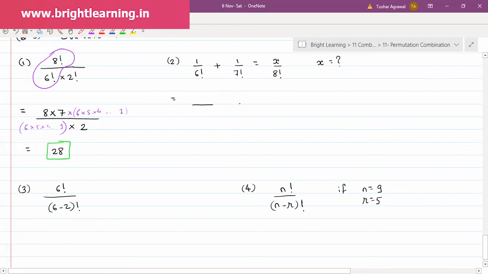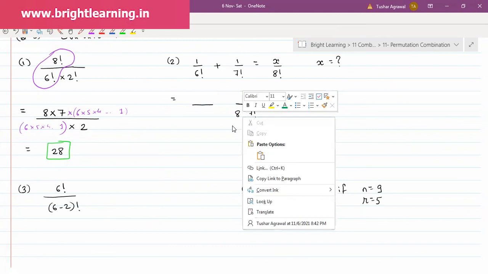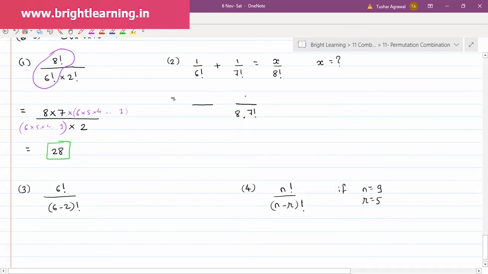My target is to convert all the denominators into 8 factorial. So 7 factorial is already there. To convert it into 8 factorial, I will have to multiply the denominator by 8, so the numerator also gets multiplied by 8. 6 factorial means 1, 2, 3, 4, 5, 6 is already there, multiplied by 7, multiplied by 8.